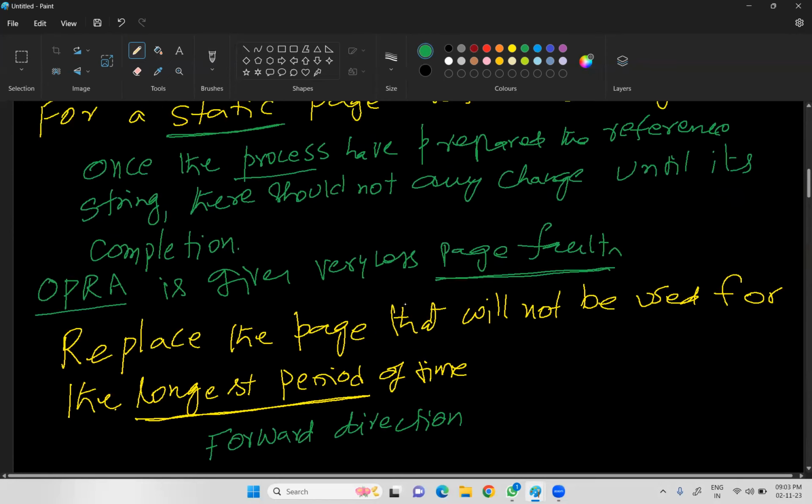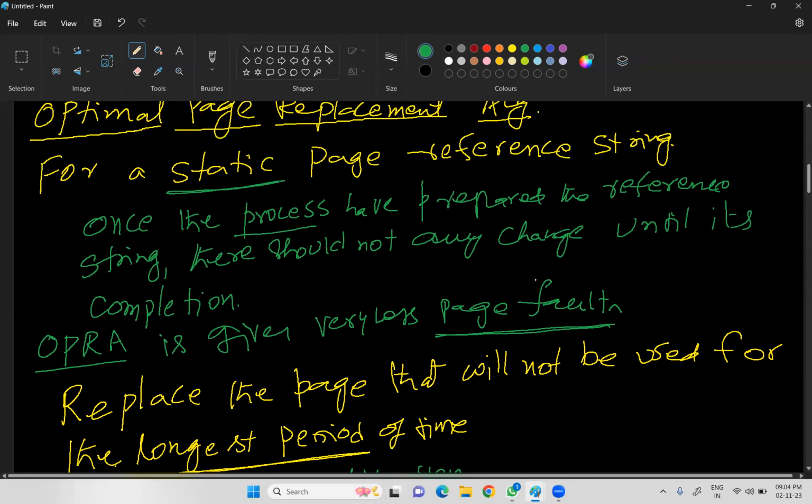Already in the optimal page replacement algorithm, we have discussed that a static page reference string has been provided. What do you mean by static page reference string? It should not be changed.